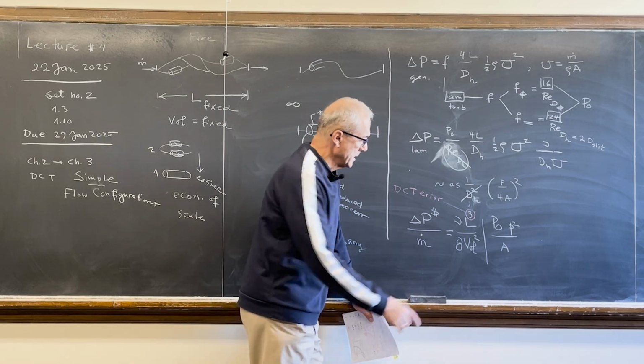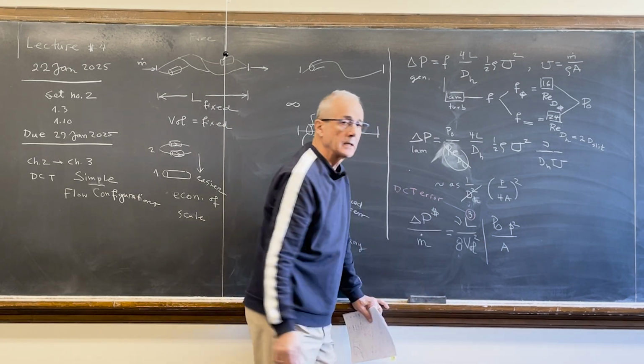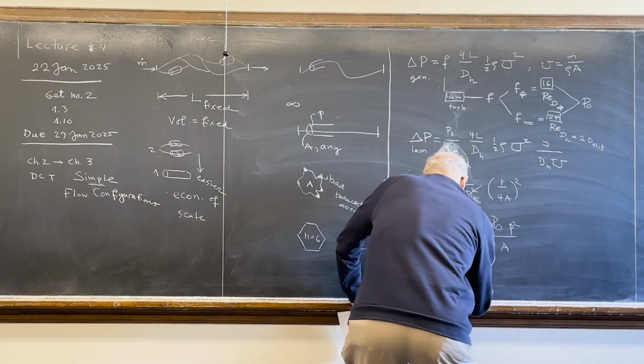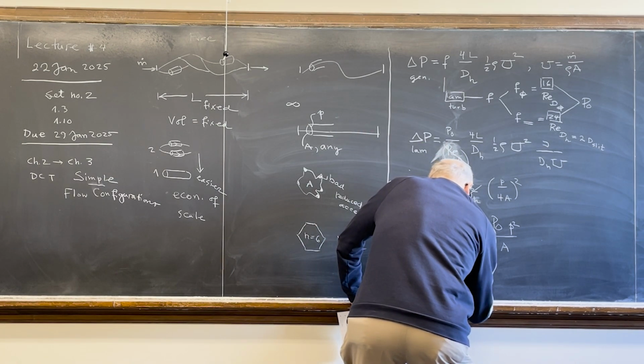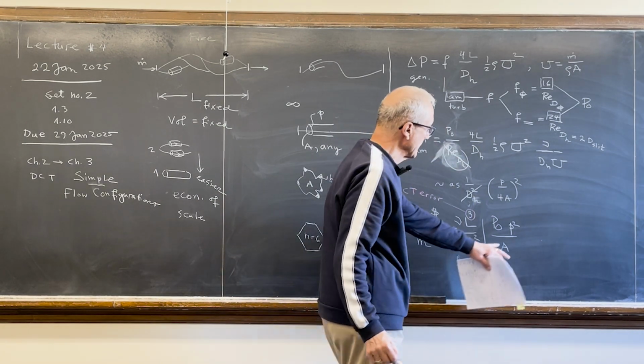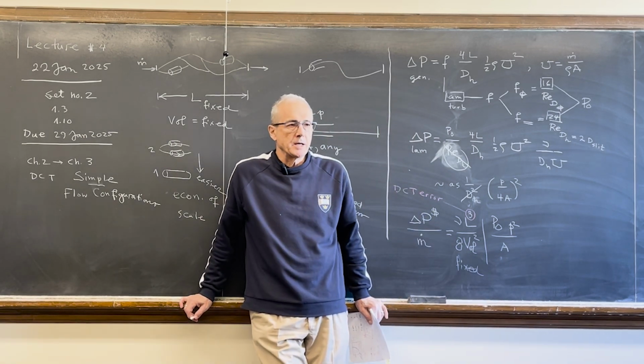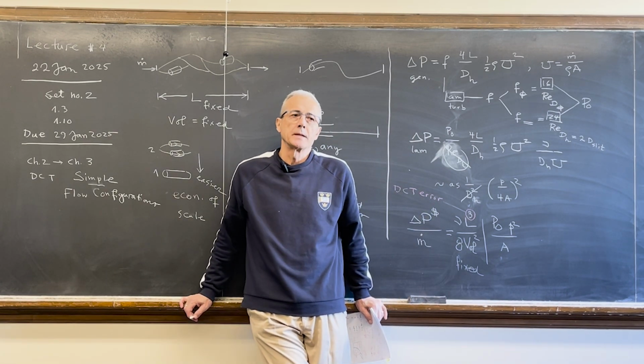To the left of this bar are items that are fixed. To the right is a group that depends on the shape of the cross-section.